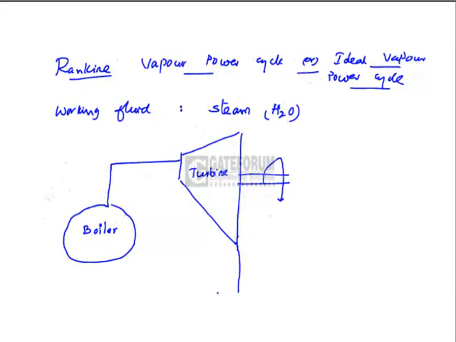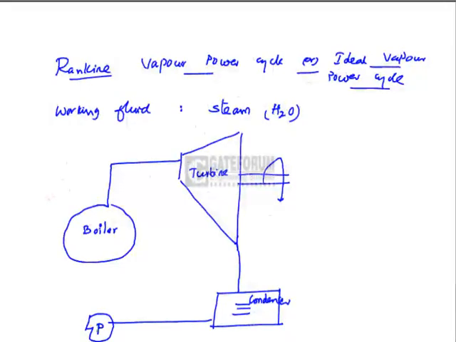Then we have condenser, which is nothing but a heat exchanger, followed by P for pump. This is the flow diagram for a simple ideal Rankine vapor power cycle.